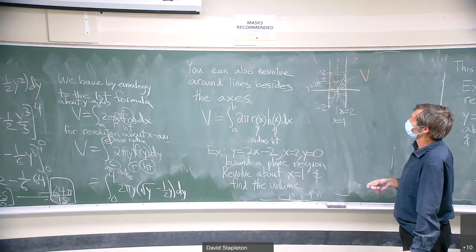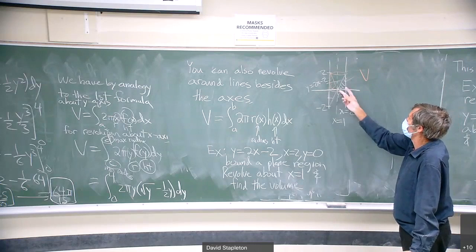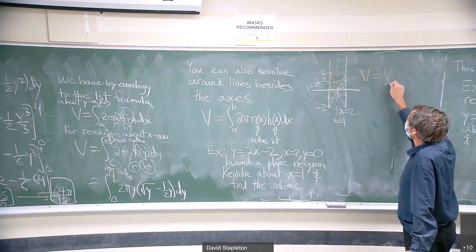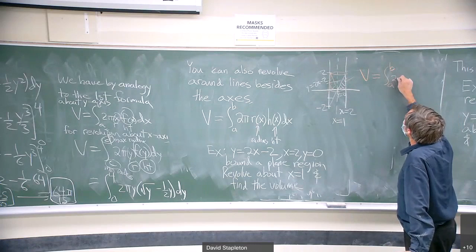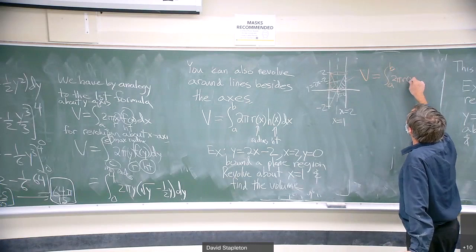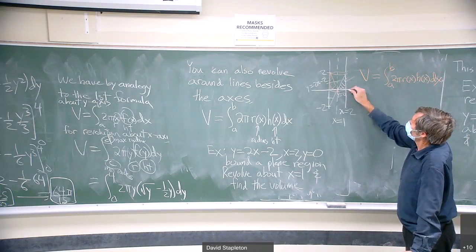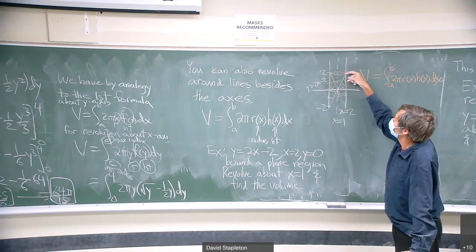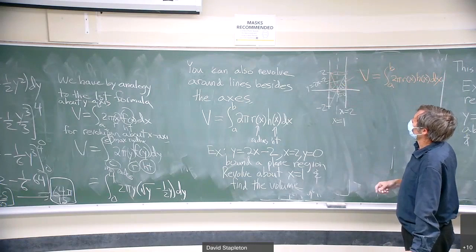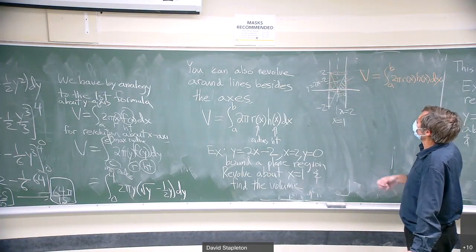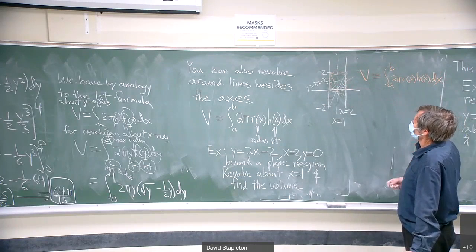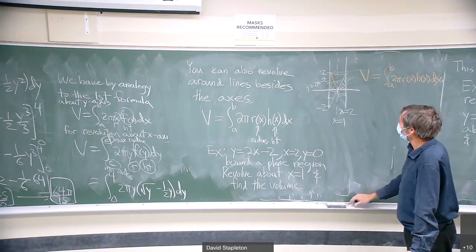I think it's better to set up the problem where you revolve around the y-axis, but if you do it this way, you can still say it's the integral from a to b of 2 pi radius height dx, and you integrate with respect to x if the cylinders are stacked along the x-axis like that. You integrate with respect to y if they're the other way, and this is different from the disc and washers form.